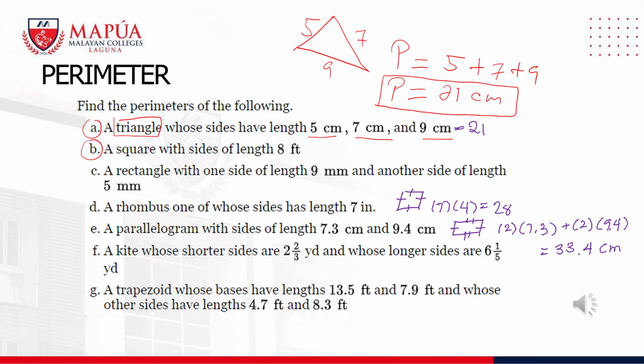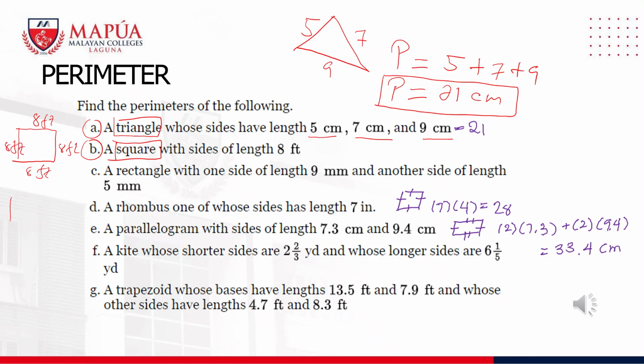Then item B, a square with side length 8 feet. So the polygon described here is a square. You should know what a square is, otherwise you will not be able to solve this one. So the square will look like this. It says that with sides equal to 8 feet, it means this side is 8 feet, this side is also 8 feet, this side is also 8 feet, and this side is also 8 feet.